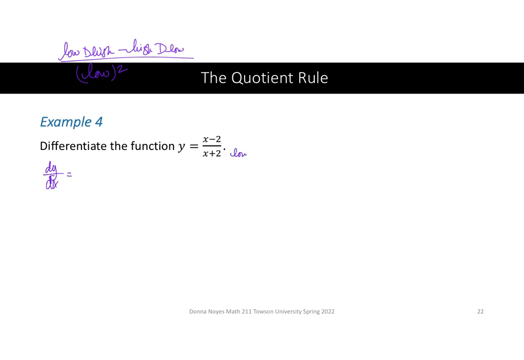So here's our low, here's our high, right? So low, x plus 2, times the derivative d of high, which is x minus 2, so d dx of x minus 2, minus high, x minus 2, d low, so d dx of x plus 2, all over low, x plus 2, quantity squared.